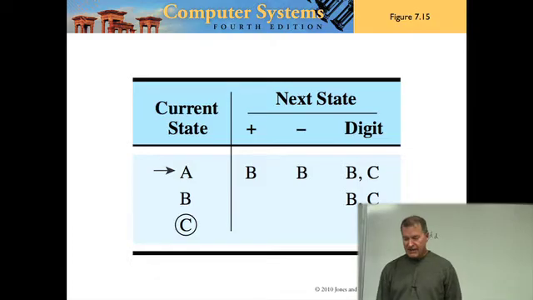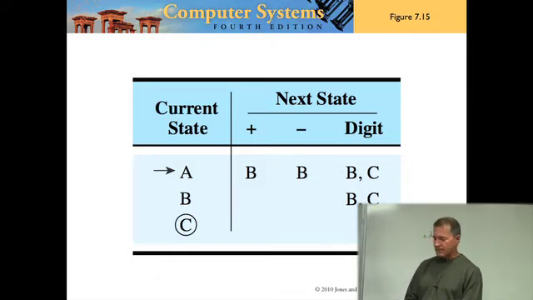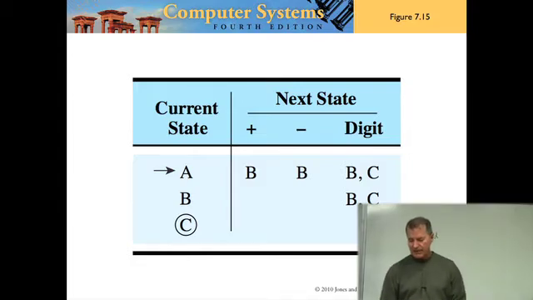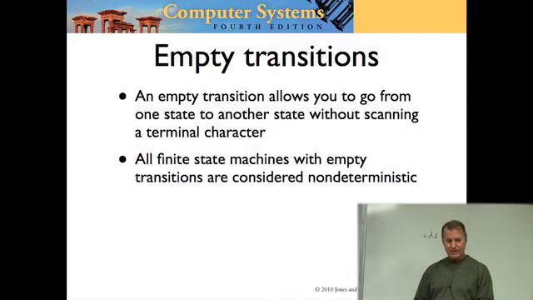All right, and now the next concept is the concept that corresponds to the empty string in a grammar. With a finite state machine, we have a possibility that is called not an empty string, but an empty transition.